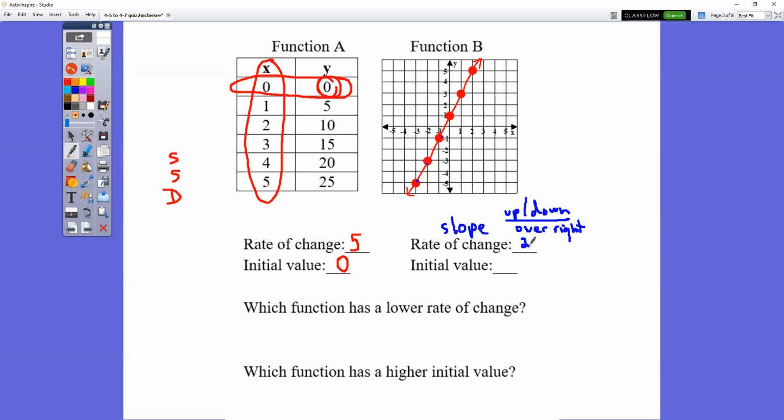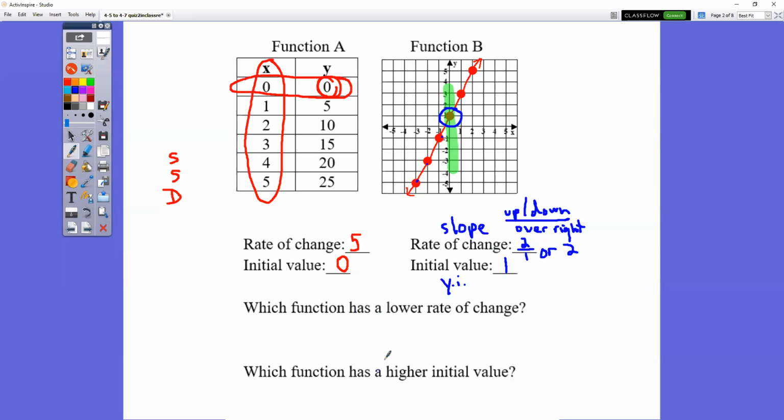So your rate of change is 2 over 1, or you could just say that it is 2. Your initial value is your y-intercept. It's where the line crosses the y-axis. The line crosses the y-axis right here at 0, 1. So your initial value is 1.